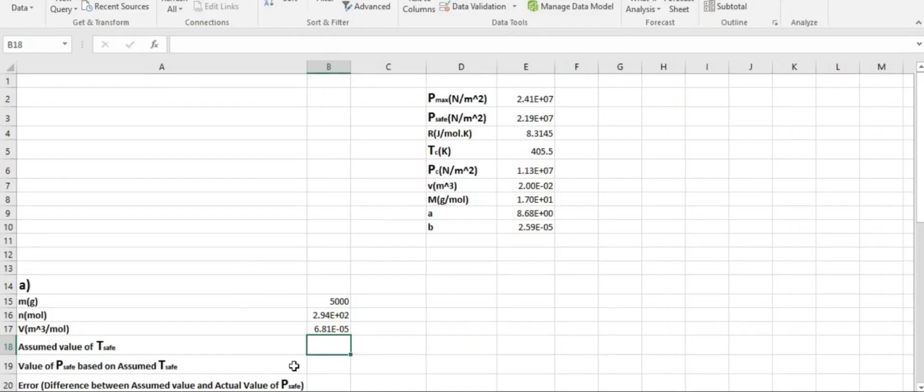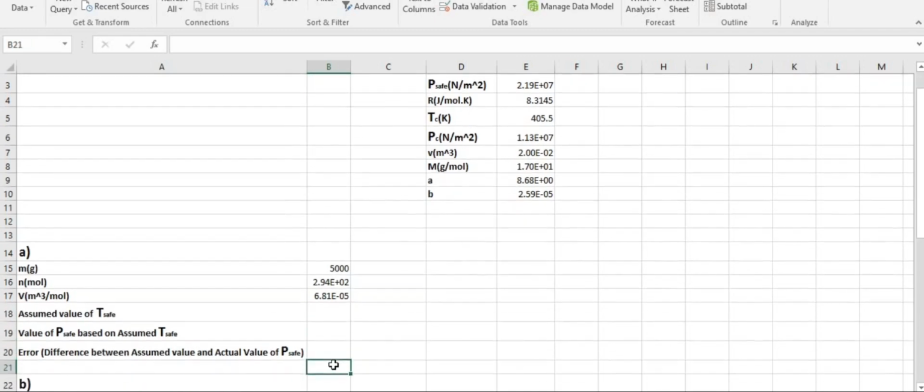So here we have a space for value of P safe based on assumed T safe. That is, when we plug in our formula here, it will give us an assumed value of P safe based on this assumed value of T safe. And then we are going to calculate the error, which is the difference between the assumed value and the actual value of P safe.